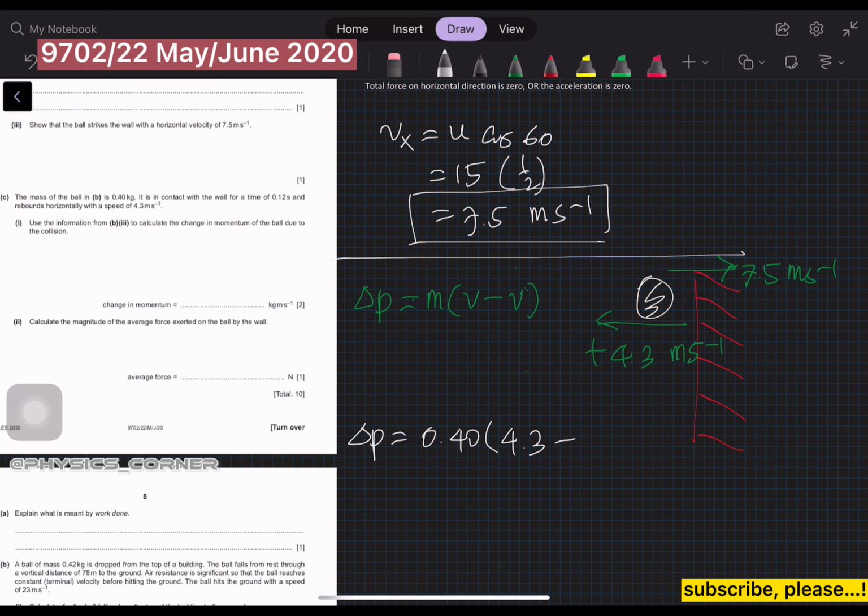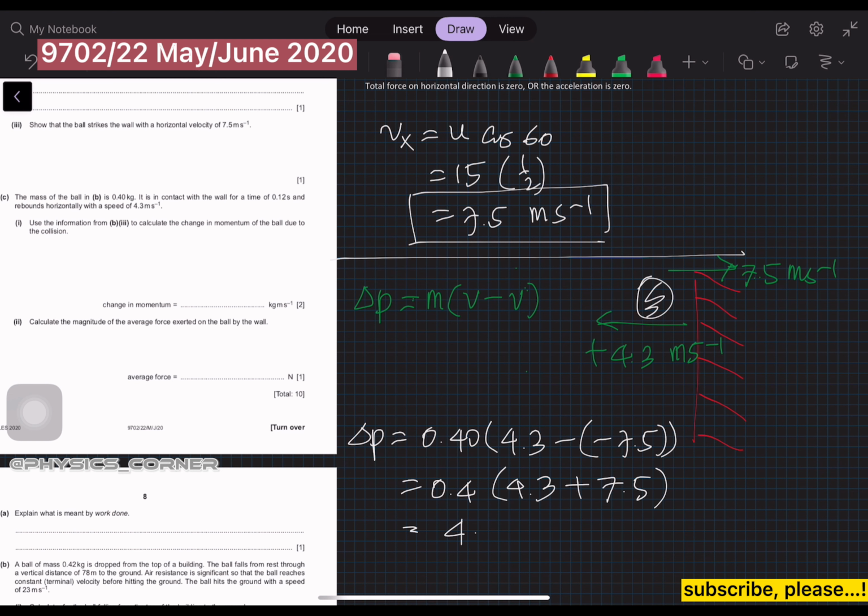This is the same as 0.4 times 4.3 plus 7.5, which is 0.4 times 11.8, equals 4.72.